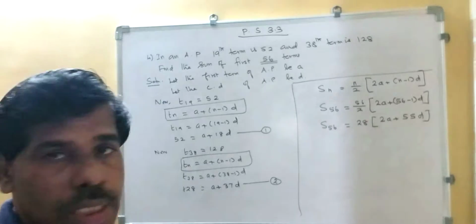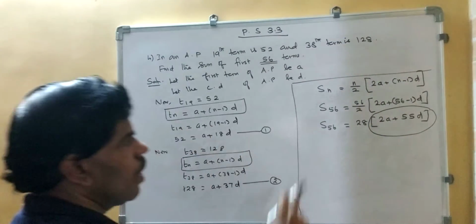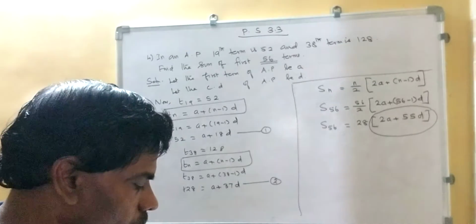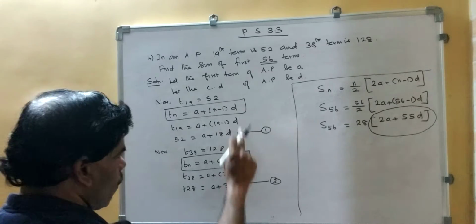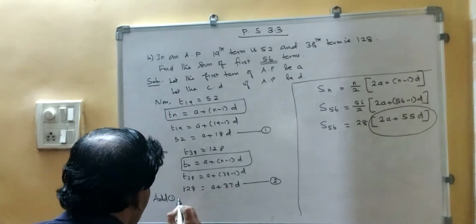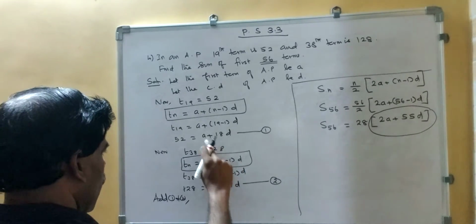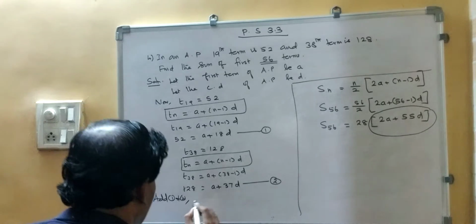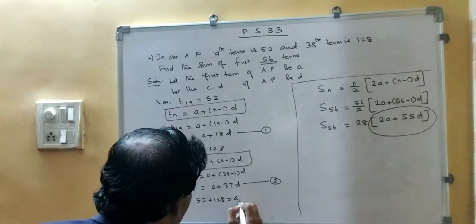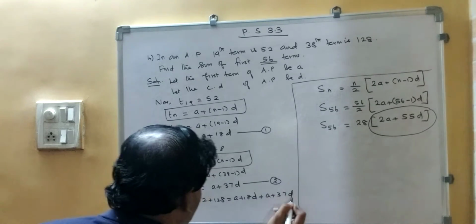Now, look at this. Suppose if you are knowing the value of this, then you think that you have got the value of S56. For that, what you have to do? Adding equation 1 and 2 here, what you will get? You see here, 52 plus 128 equal to a plus 18d plus a plus 37d.